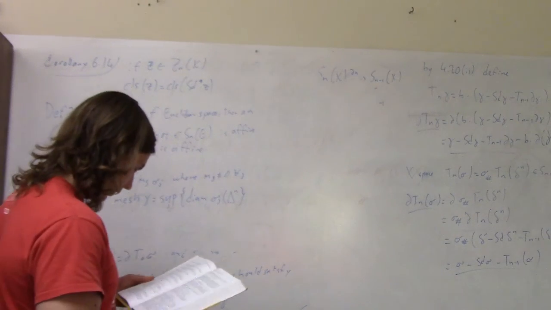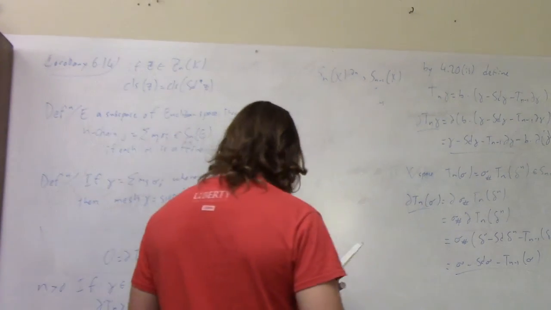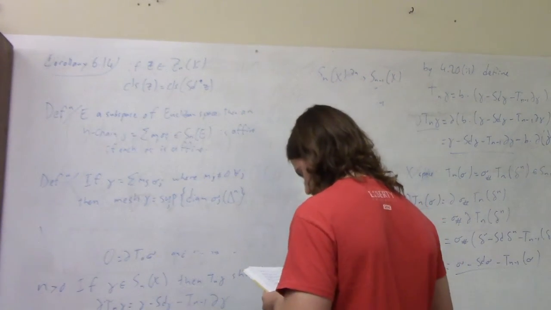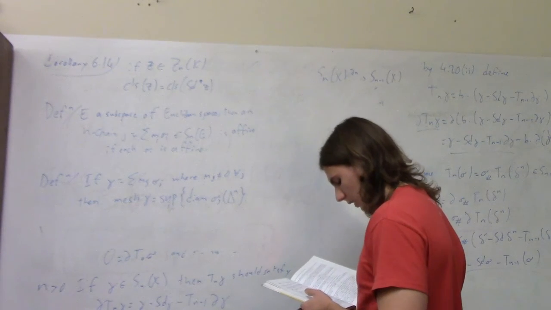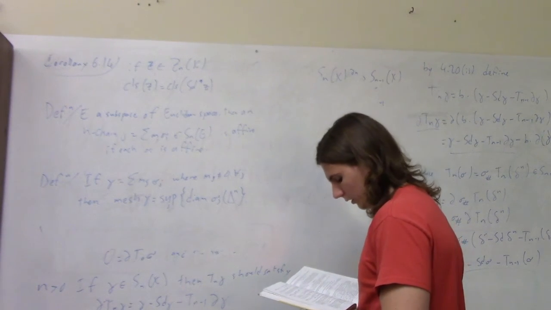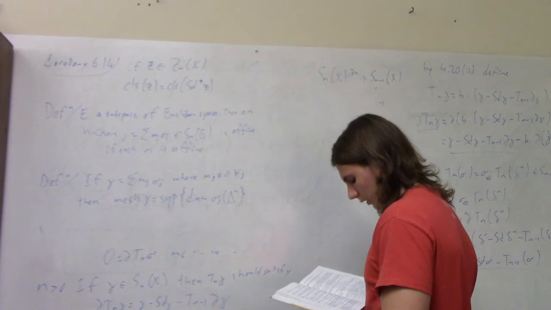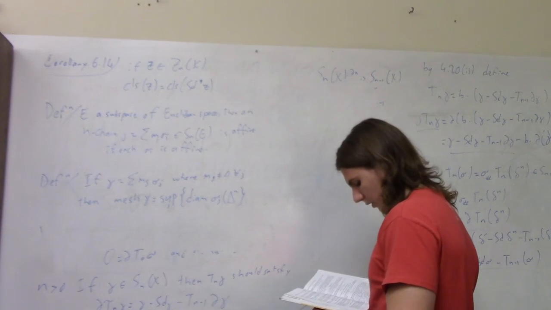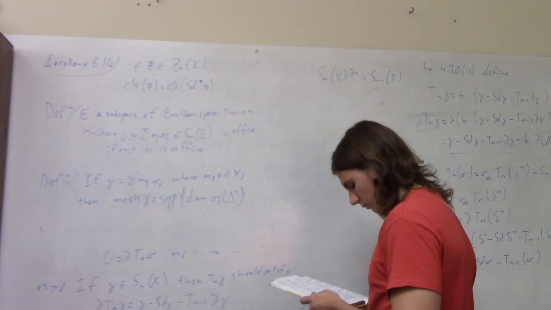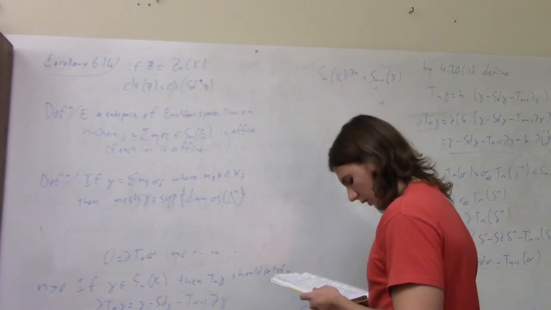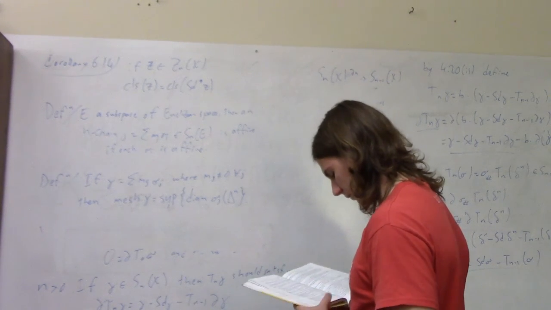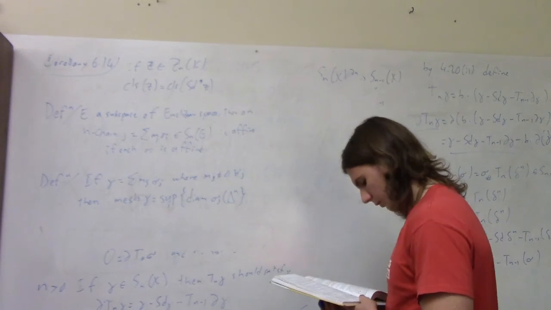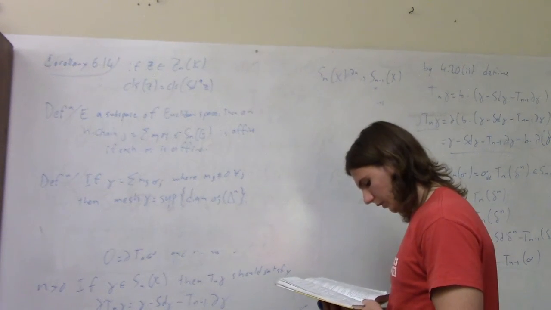So it says note that sigma j of the standard n simplex is compact because sigma j is continuous and delta n is compact. That this has a finite diameter. And it says it follows immediately from theorem 2.9 that E is a subspace of some Euclidean space.